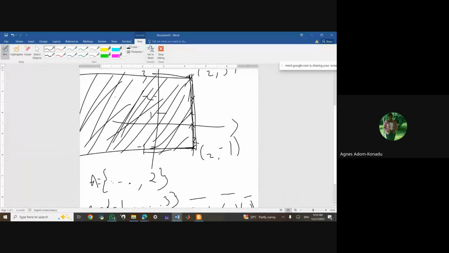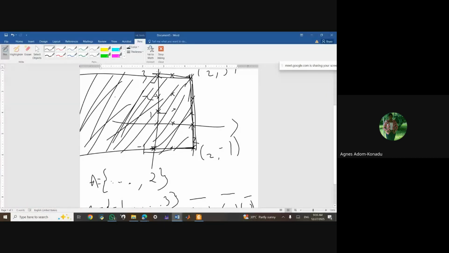And then I know that the values are supposed to be less than 2. So I can choose 1. So I can have 1, -1, 1, 0, 1, 1, 1, 2, and then 1, 3. I can choose 0. 0 is less than 2. So I can have 0, -1, 0, 0, 0, 1, 0, 2, 0, 3.